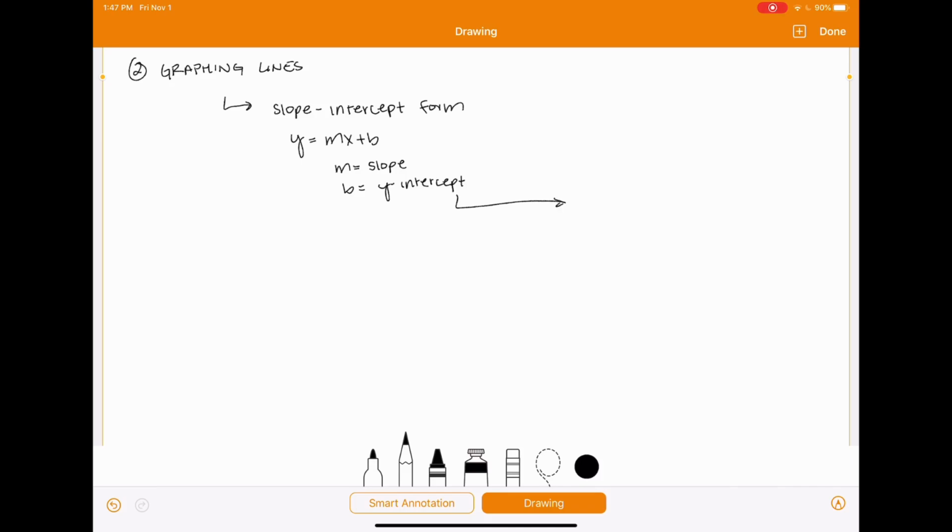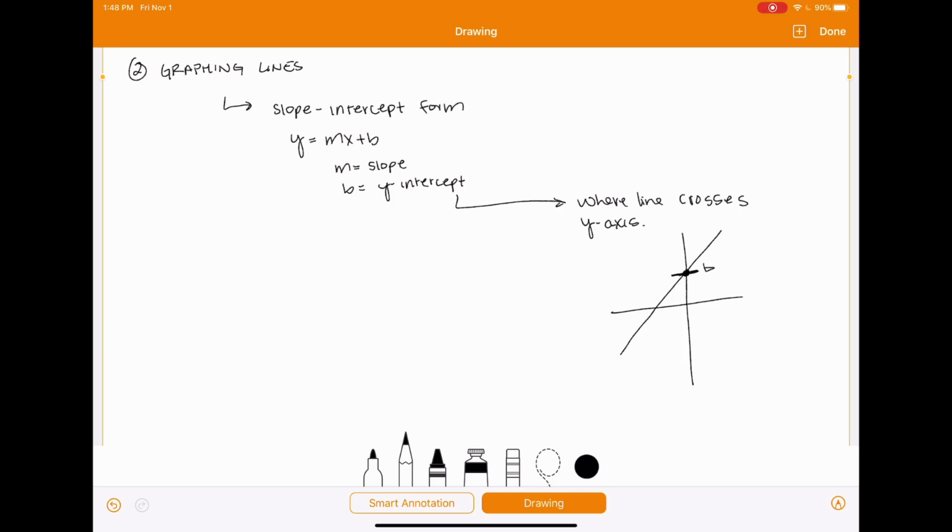And that is where your line crosses the y-axis. So in other words, if we had some line, this point right here is going to be your y-intercept, or your b.